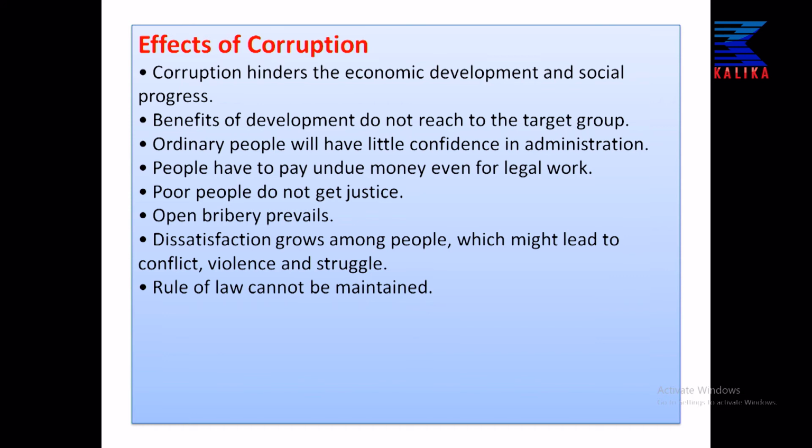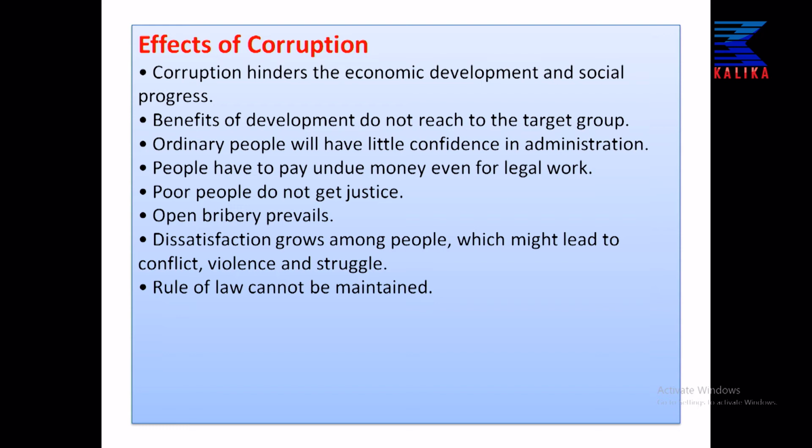Similarly, the next effect is that people have to pay undue money even for legal work. If corruption occurs everywhere, even for legal work we have to pay money. Without paying money, our work will not be completed. And the poor people do not get justice. That is another effect. Open bribery prevails. For even simple work, we have to pay bribes.